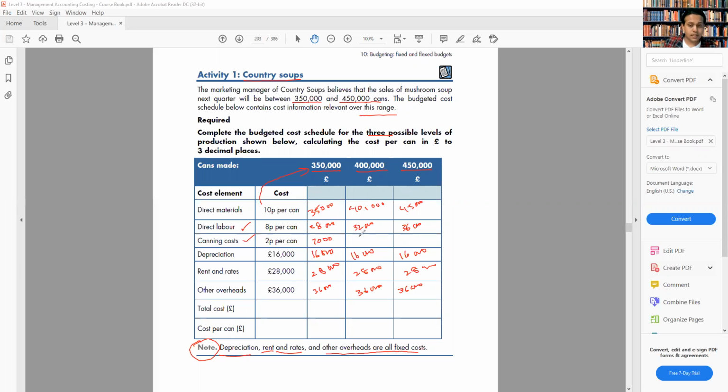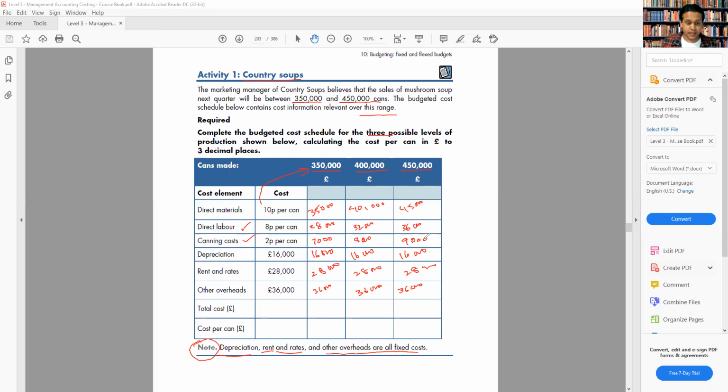For 400,000, how much will it be? 8,000. And for the 450,000, the last one, 9,000. Okay, that's it. So this is the calculation we have made.